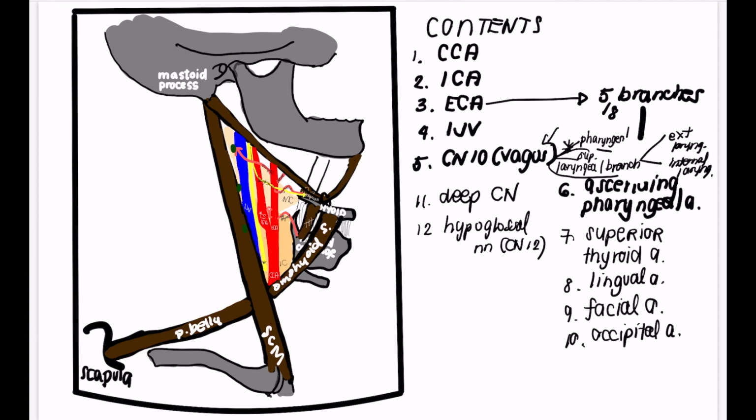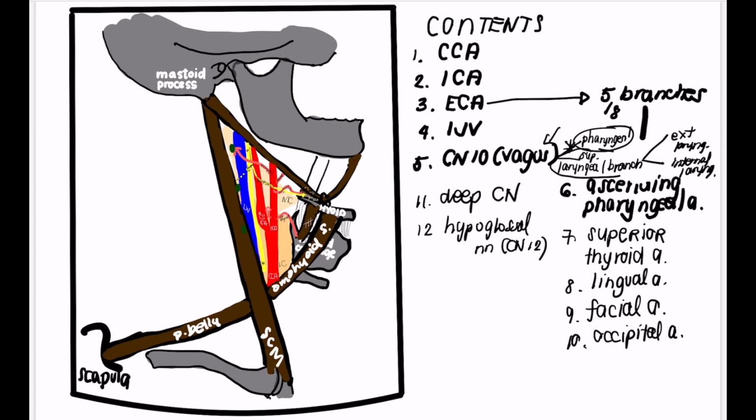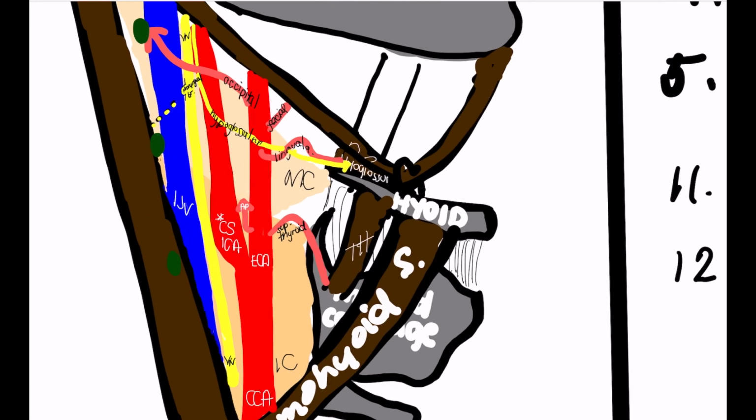It goes inferomedially to join the pharyngeal plexus. So, this is the pharyngeal branch, the first branch in the carotid triangle. The second branch is the superior laryngeal branch, this one.